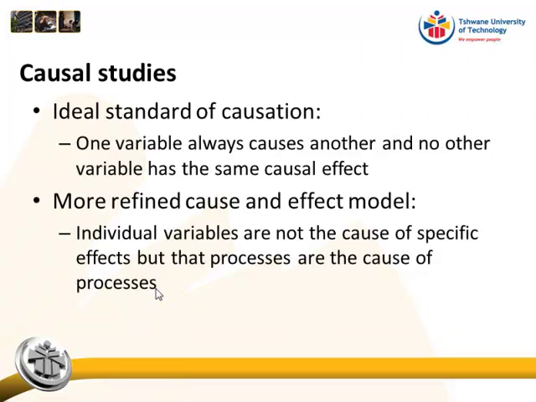All right, so then the last type of study is a causal study. The ideal standard of causation is one variable always causes another and no other variable has the same causal effects. So if the response time of telecom technicians is high, people are always satisfied with a landline service, and there is nothing else that makes them happy.